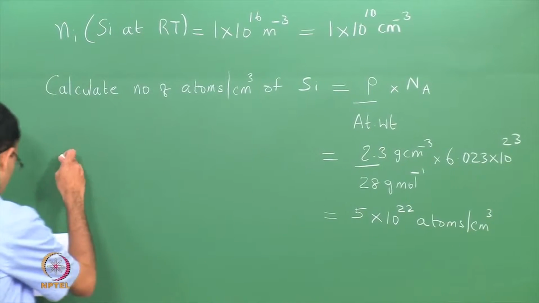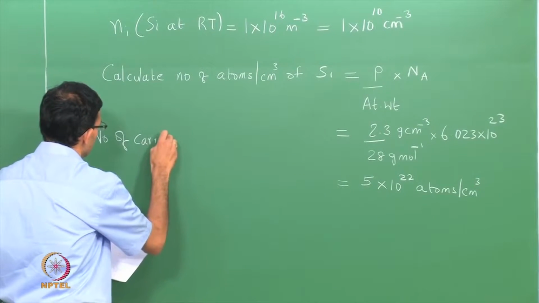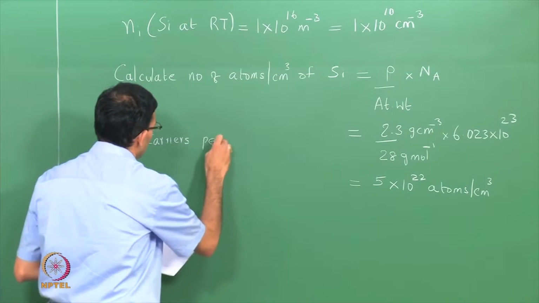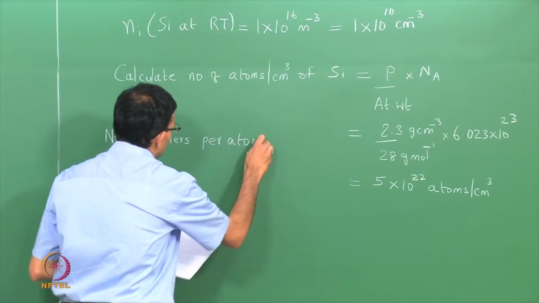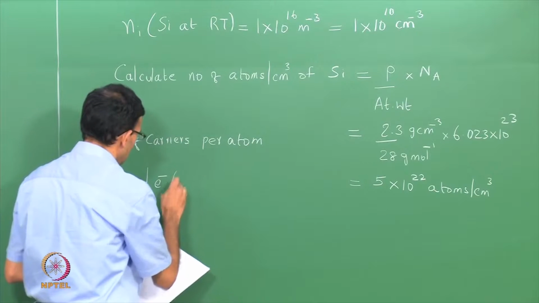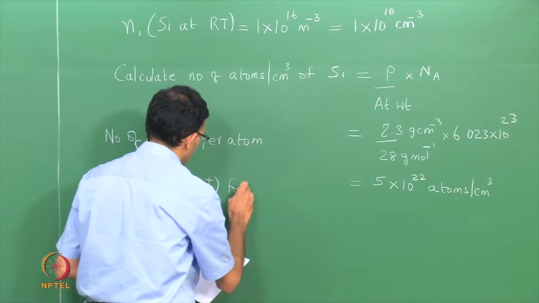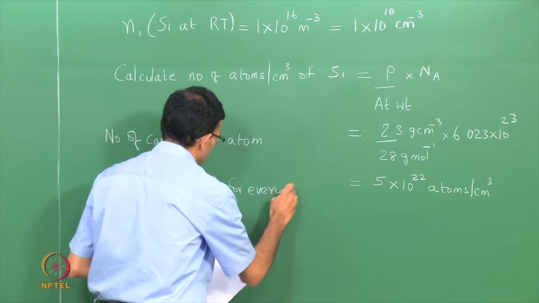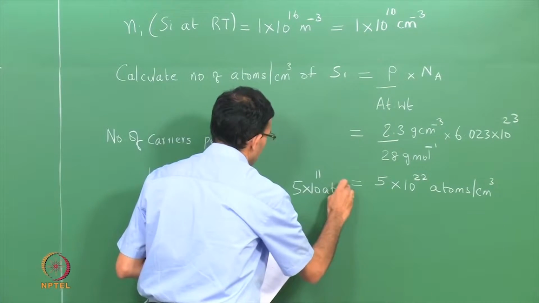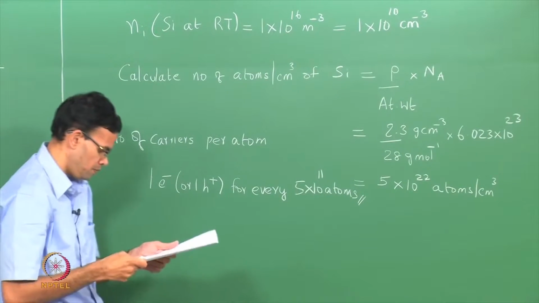If you look at the number of carriers per atom and do the division, you will find that you have 1 electron or 1 hole for every 10 to the 11 atoms, and this turns out to be really small.